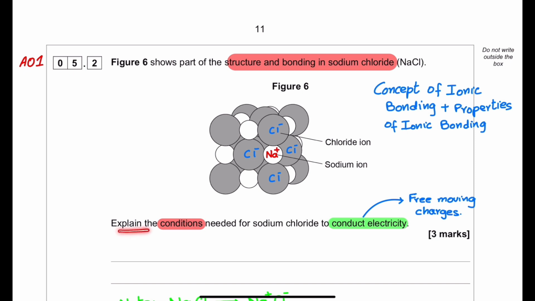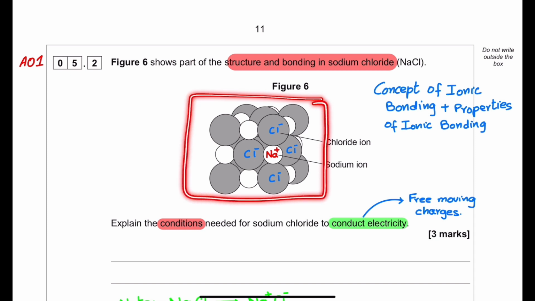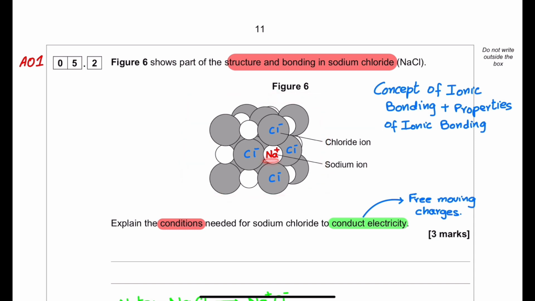The question is, explain the conditions needed for sodium chloride to conduct electricity. Electricity can be conducted through any structure if free electrons or delocalized electrons are present, or free ions are present. Looking at figure number 6, the sodium ions are surrounded by chloride ions and chloride ions are surrounded by sodium ions.